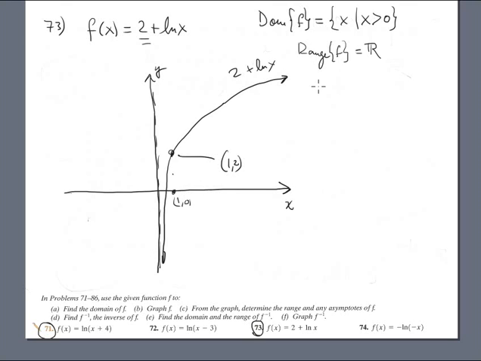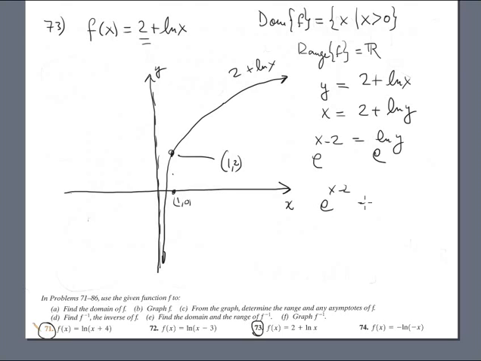Inverse function. The inverse function: y is equal to 2 plus ln x. So we interchange: x is equal to 2 plus ln y, and solve for y. This is x minus 2 is equal to ln y; taking the exponential of both sides, e to the x minus 2 is equal to y. That is the inverse function.